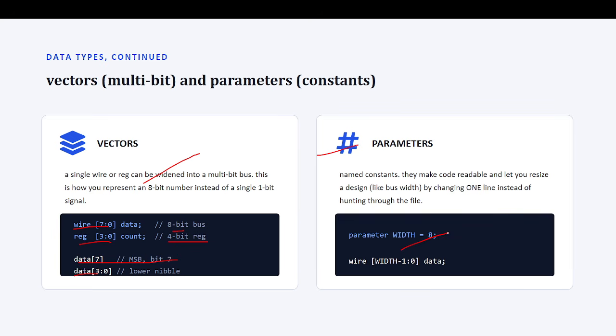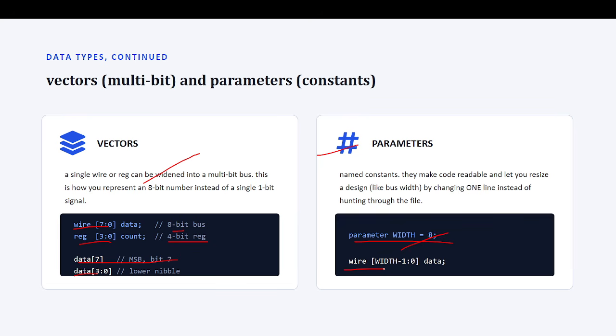Instead, we declare a parameter WIDTH with value 8, and wire [WIDTH-1:0] data. Now, if the width needs to change, you modify one line, the parameter declaration, and every dependent declaration in your module updates automatically.